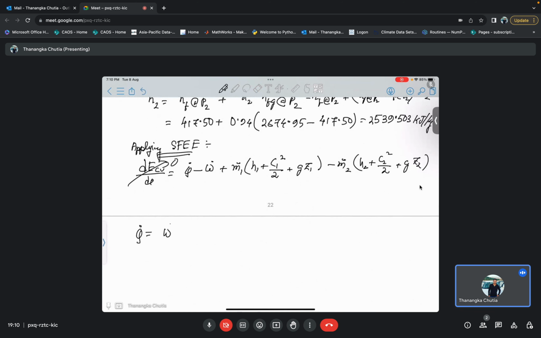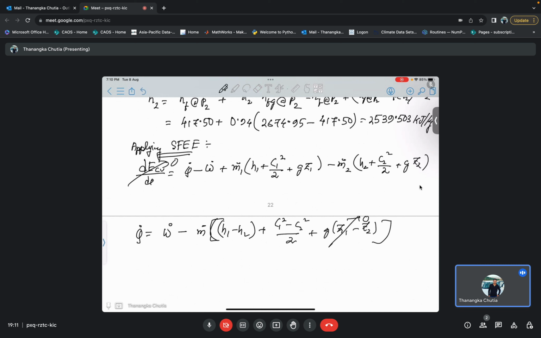This will be equal to W dot minus m dot times (H1 minus H2 plus (C1 squared minus C2 squared) by 2 plus Z1 minus Z2).